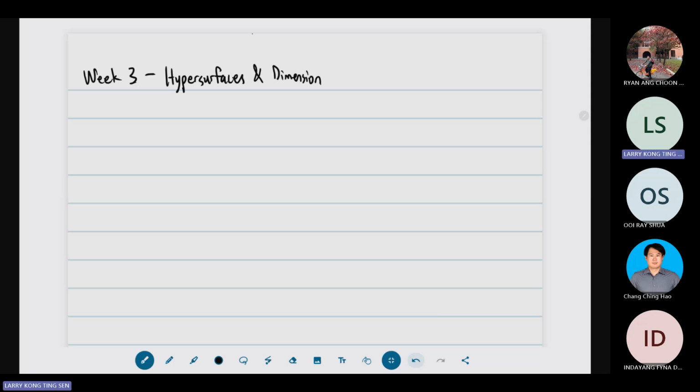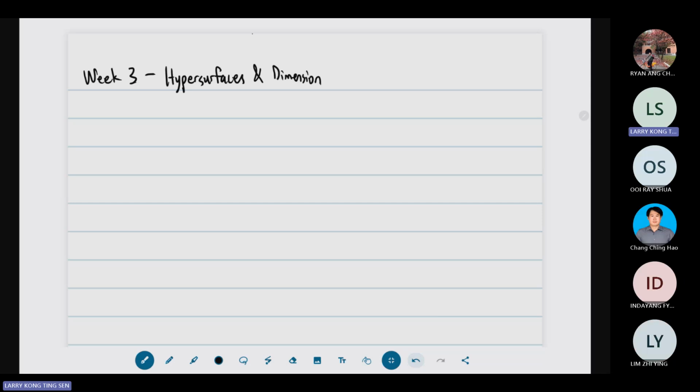I'm Larry Kong-Ting-Sen, and today I'll be talking a little bit about hypersurfaces, mostly about dimension and some other stuff that I have to prepare in advance before actually being able to talk about it. There's surprisingly a lot of stuff I have to prepare first that may not be covered in an AA1 course.